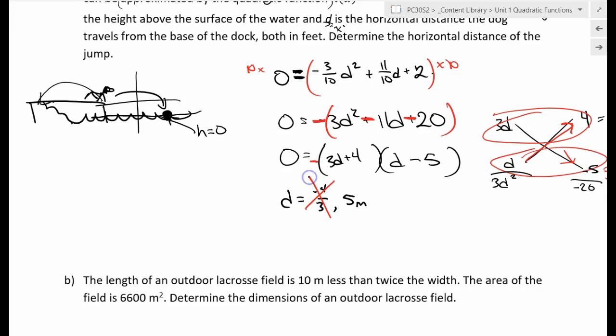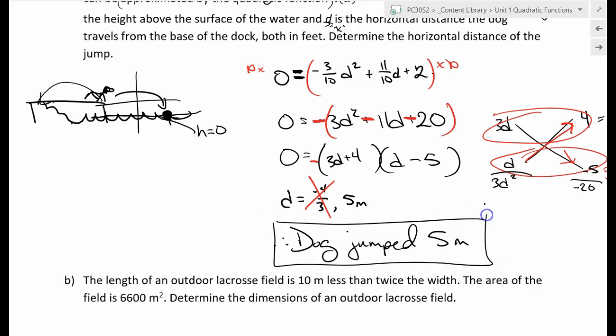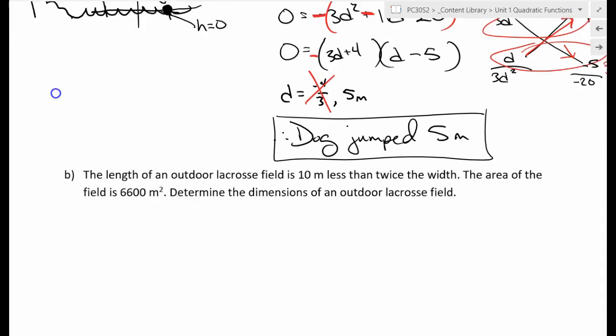So we're going to use our brains to think about this, and we're going to say that answer doesn't make much sense. So my final answer is going to be that the dog jumped 5 meters. Okay, so that's one way we can use this.